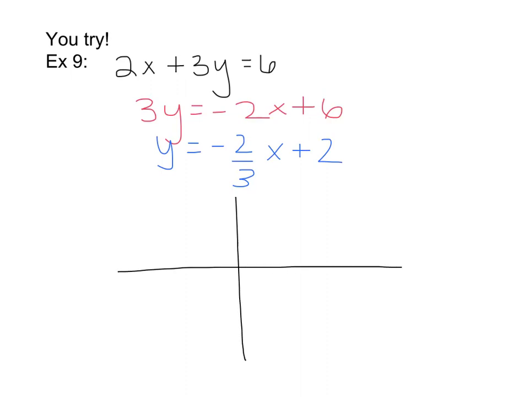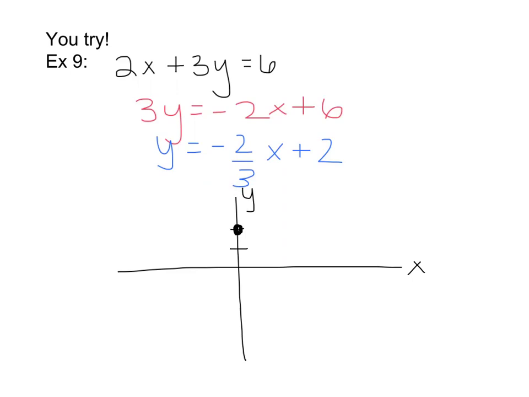This time, if you notice, my y-intercept is a positive 2, so that means on my y-axis it is at positive 2. Now my slope is negative 2/3, so that means my rise is negative 2, which means I'm going to go down 2. And then my run is 3, so I'm going to go to the right 3.